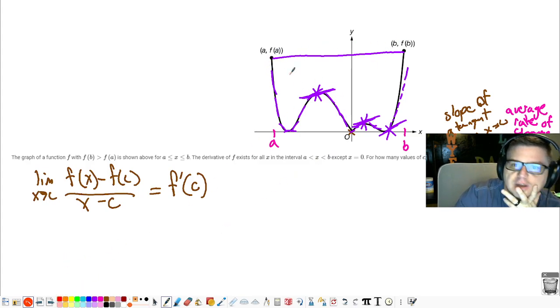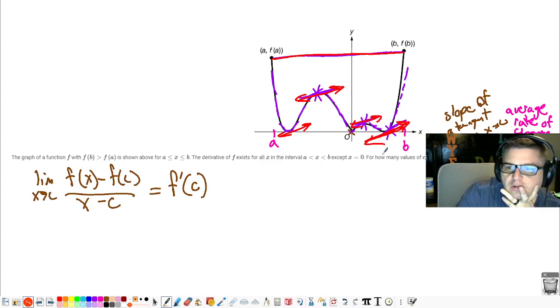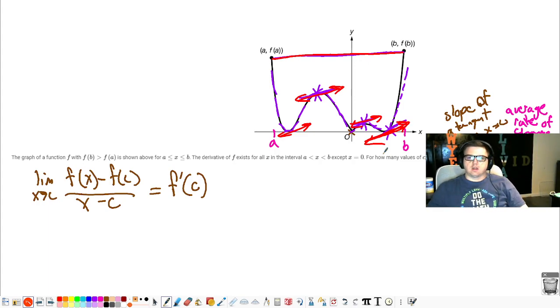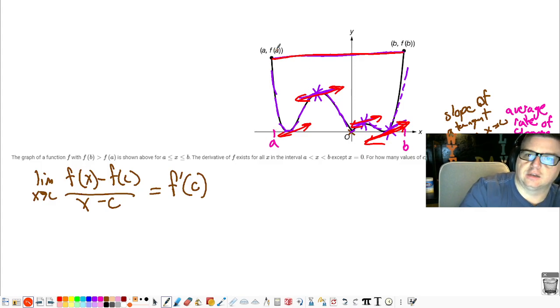Does that sound right? Could we have one here as well? Here, here, and here. We'd see all 4 of those. Eventually, when we're running that slope, we're going to find that value where this instantaneous rate turns into that average rate, because it's curving.